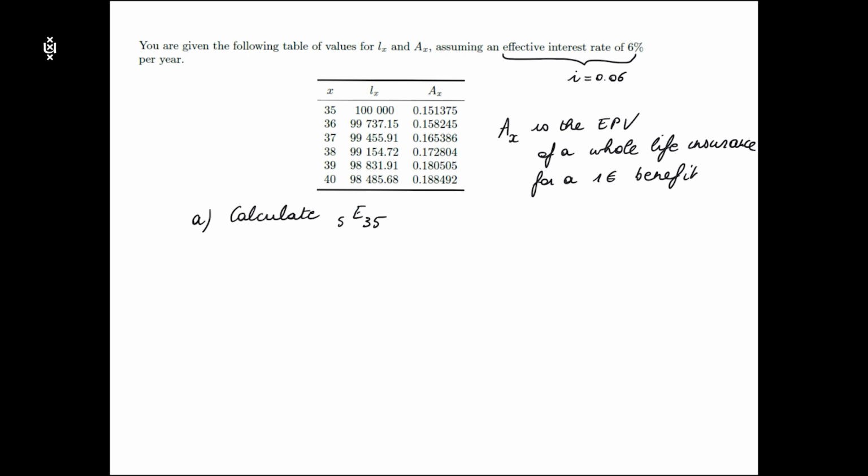So this is the EPV of a pure endowment issued to a 35-year-old with a duration of 5 years.